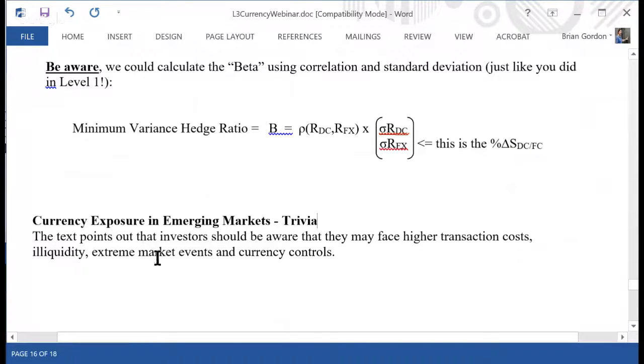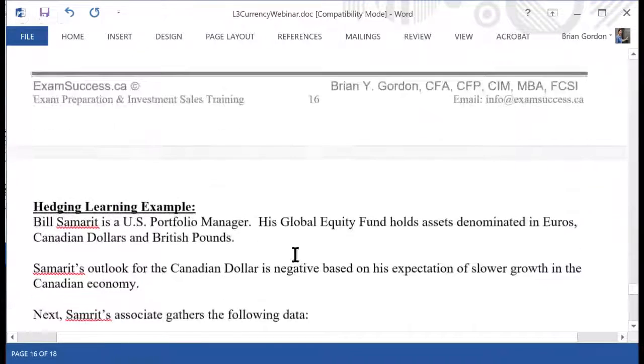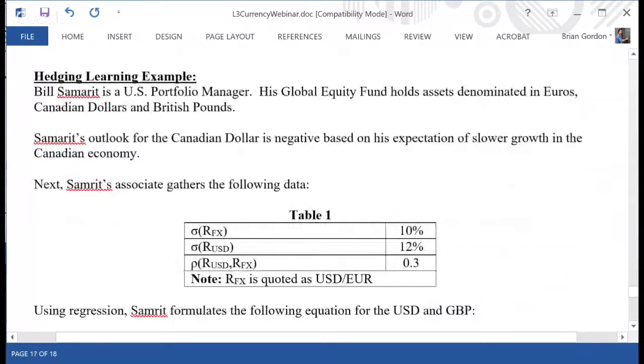There may be more volatility or extreme movements in the market. There may be currency controls. So these all make it more difficult to hedge. That's all.